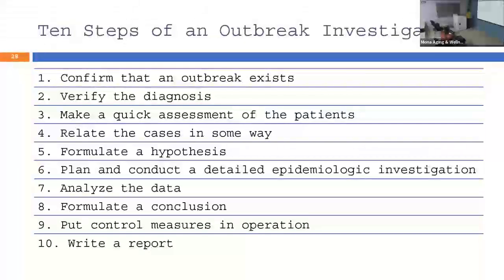Once you have an idea, you start putting measures in place. And reporting, as we know, sometimes is daily, it's not really at the end of it that you write the report. So to say, several activities can be happening at once.